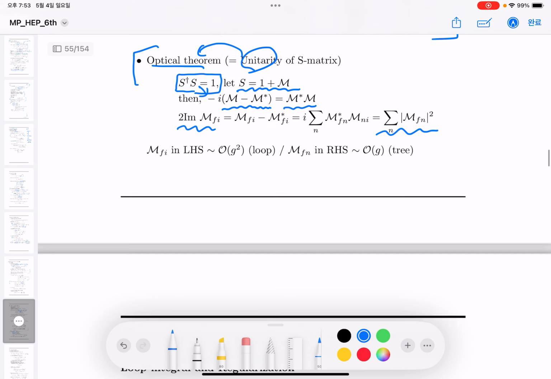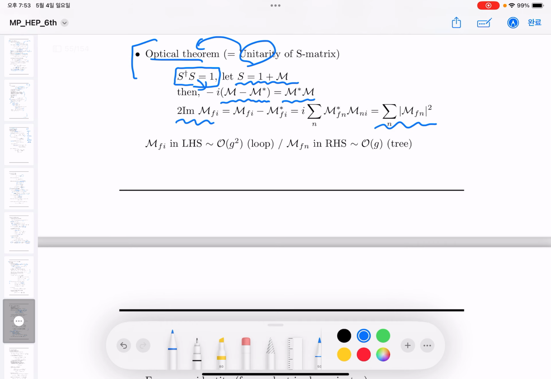So the left hand side includes a loop level, but the right hand side includes a tree level, so the loop level can be decomposed into all possible intermediate states with the tree level case.